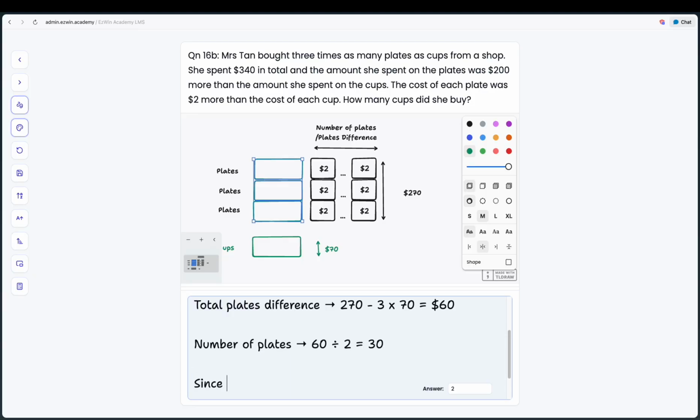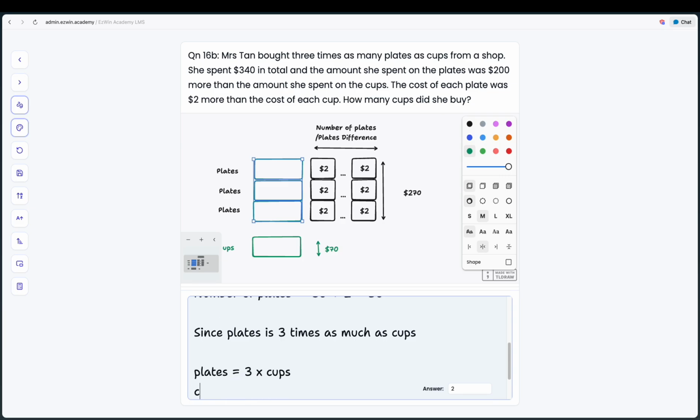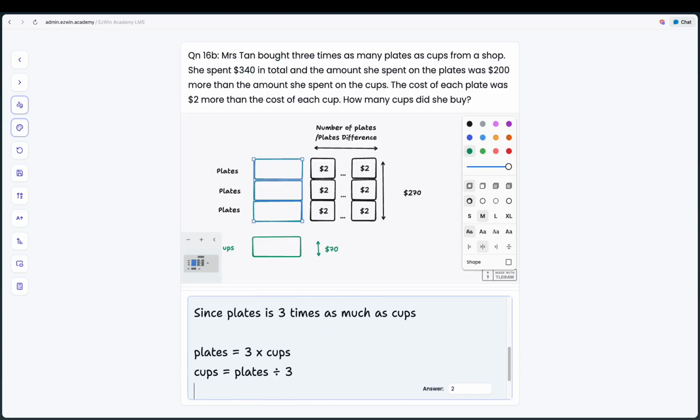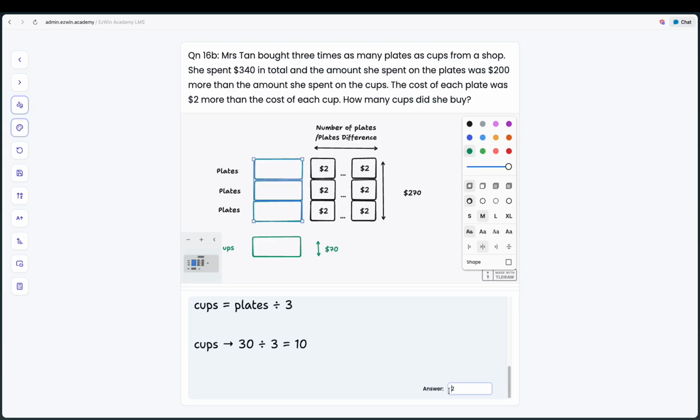And since plates is 3 times as much as cups, that means cups is equal to plates divided by 3. So since we know the plates total is 30, that means cups is equal to 30 divided by 3 is equal to 10. Therefore, the number of cups is 10.